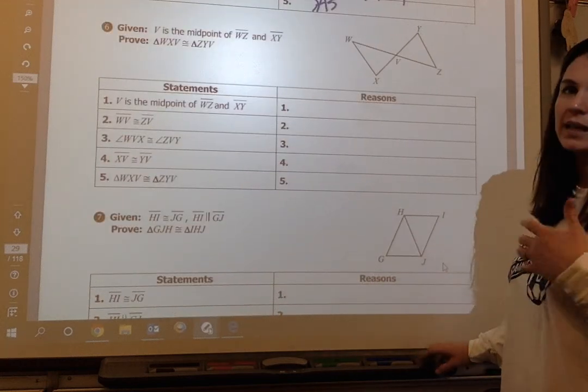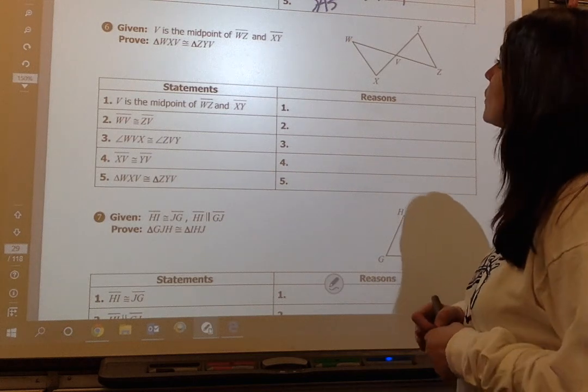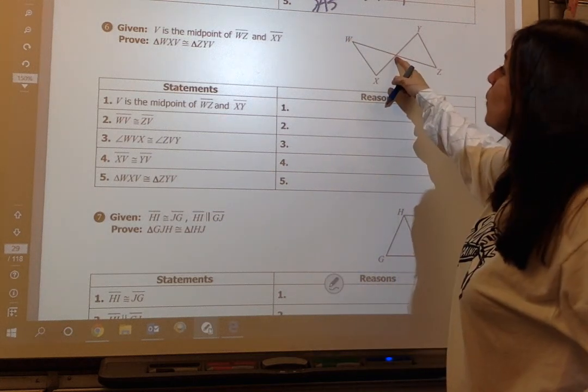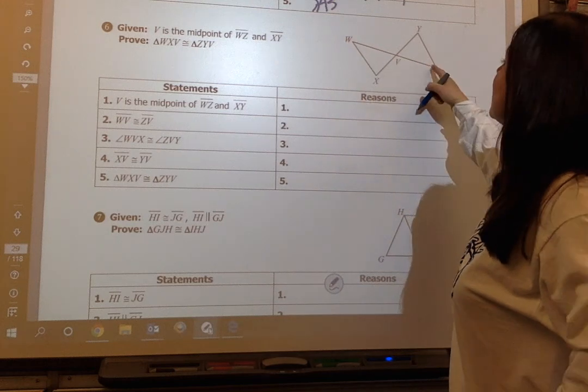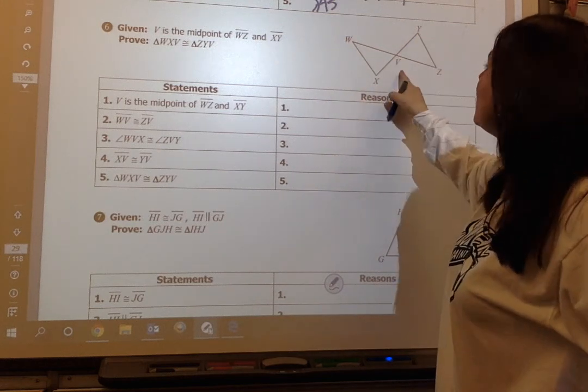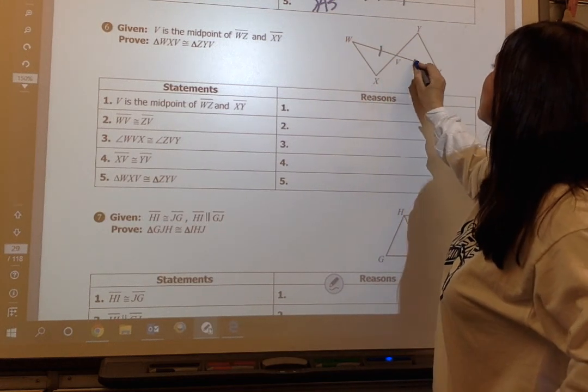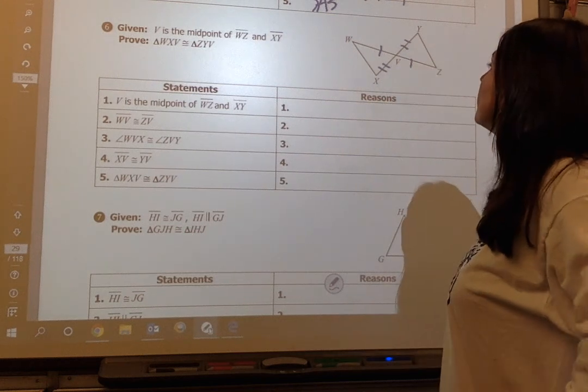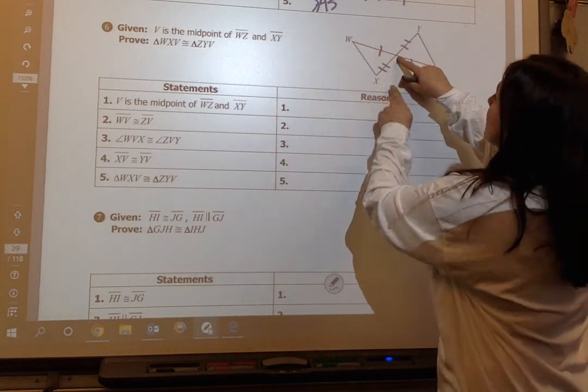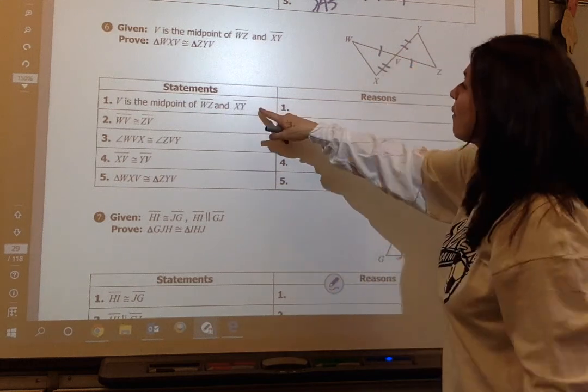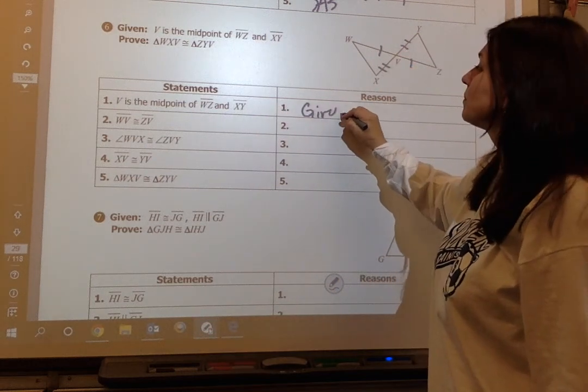Okay? All right, let's take a look at number 6. So it's still kind of leading us in there before we have to prove it ourselves. V is the midpoint of WZ and XY. Immediately, because it's the midpoint of both of those, I'm going to go ahead and make those markings. Midpoint of this one splits it in half. Midpoint of this line splits it in half. That's given to me.